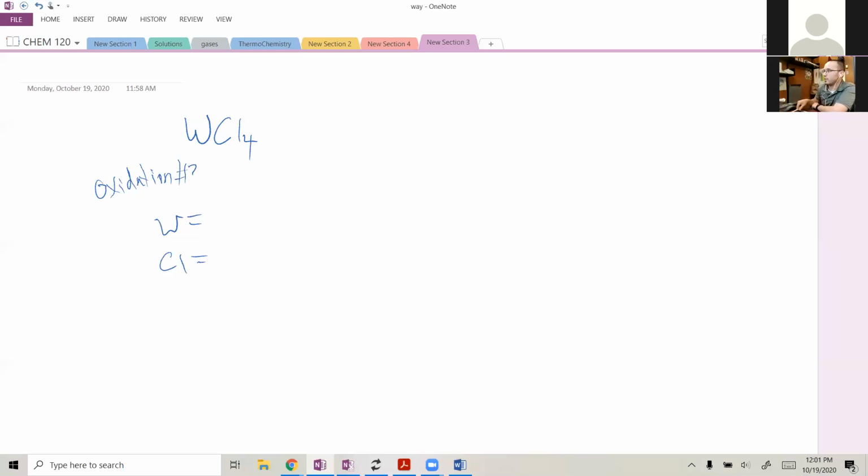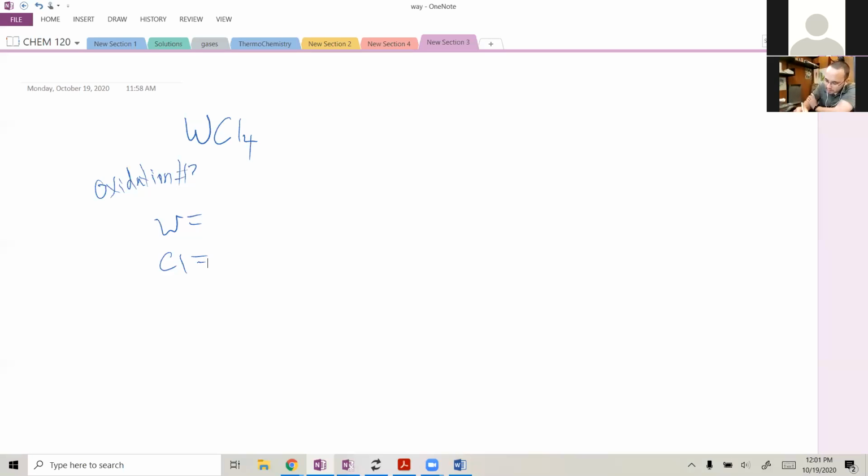Any thoughts about how we find this? So where do you guys start? If we have a compound and we would like to find the oxidation numbers for them, how do we start this?